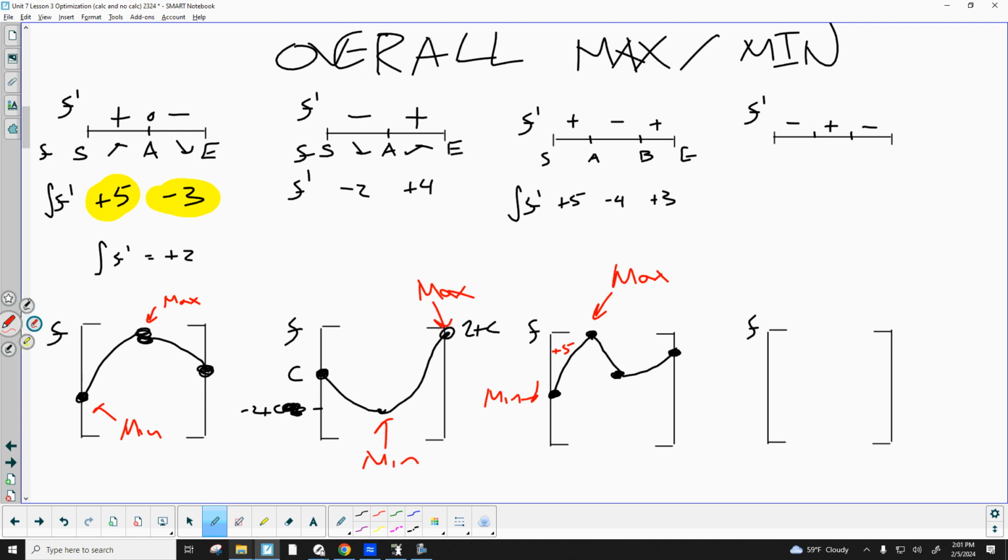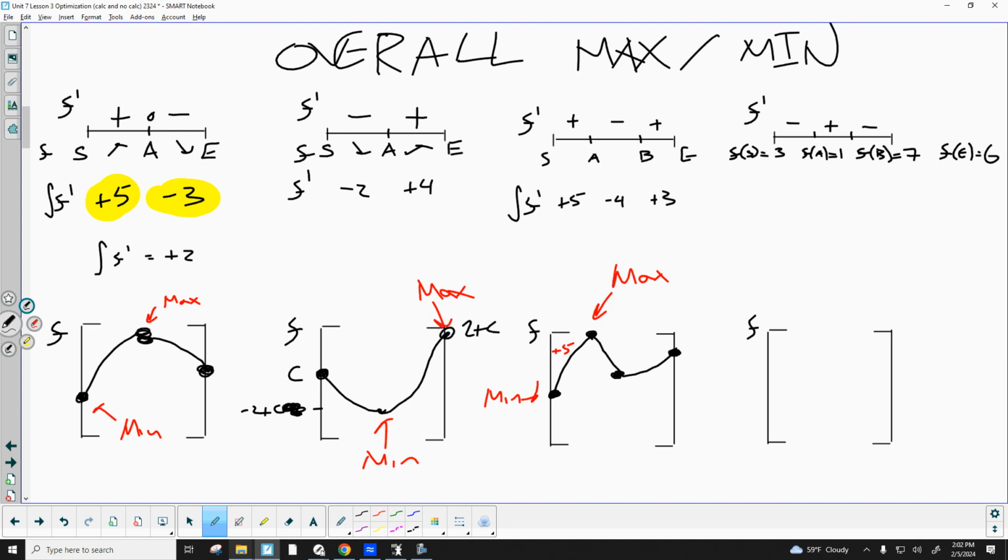Now, I'm going to throw this at you. What if I had an antiderivative out there? And what if I knew F at my start was 3, F at A was 1, F of B was 7, and then F at my end was 6?